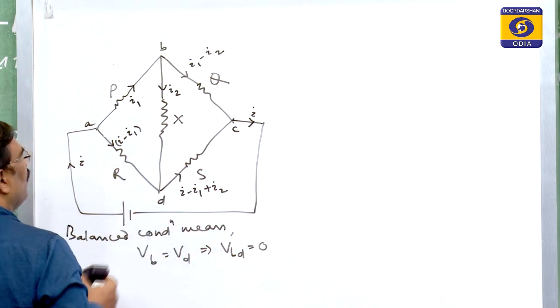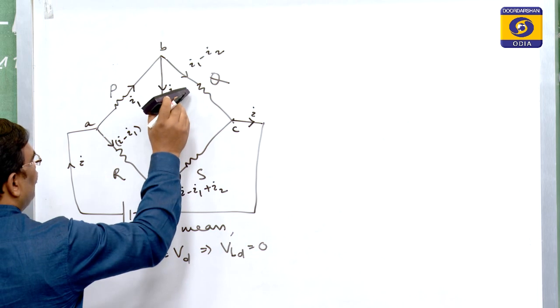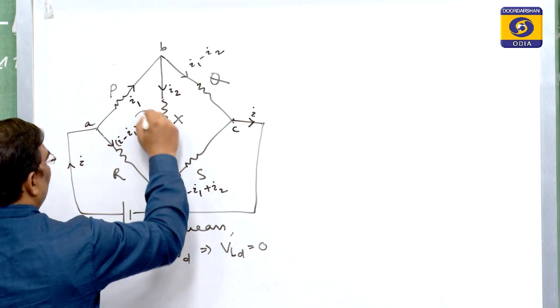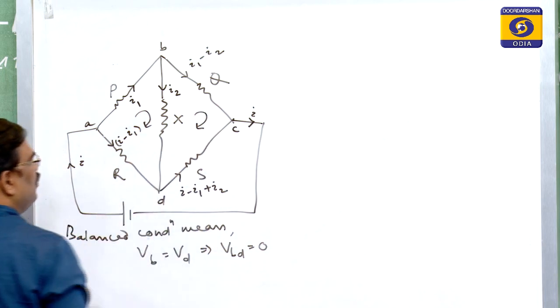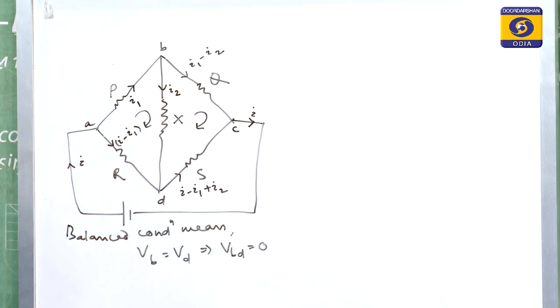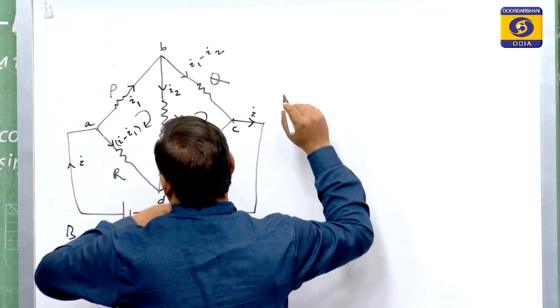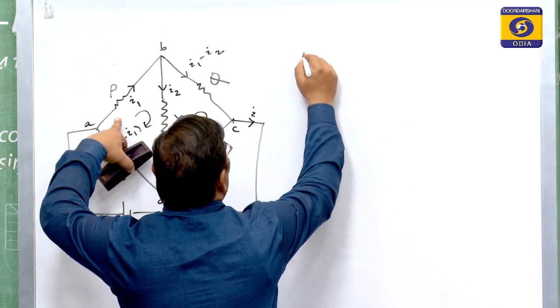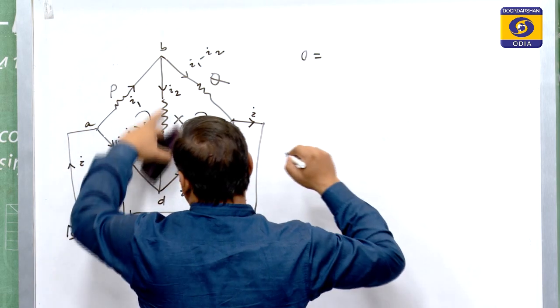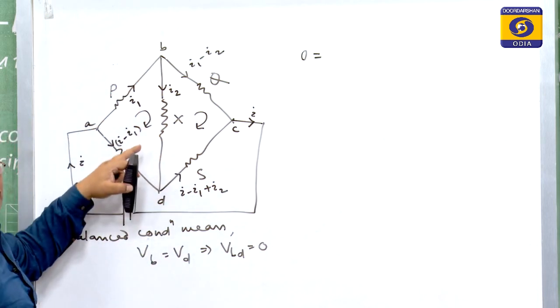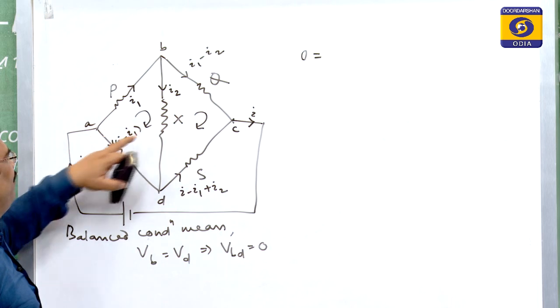Now, to find out the value of I2, which is 0 in case of balanced condition, let us apply Kirchhoff's second law to these two networks. In the first network, what do I get? 0 equal to, since there is no EMF present inside the two meshes, the EMF is 0.